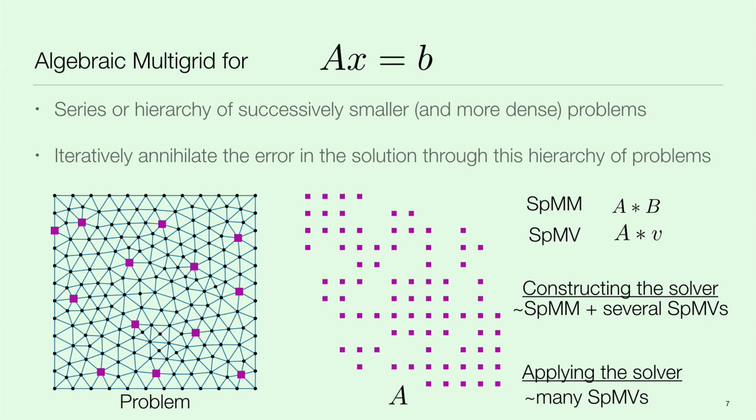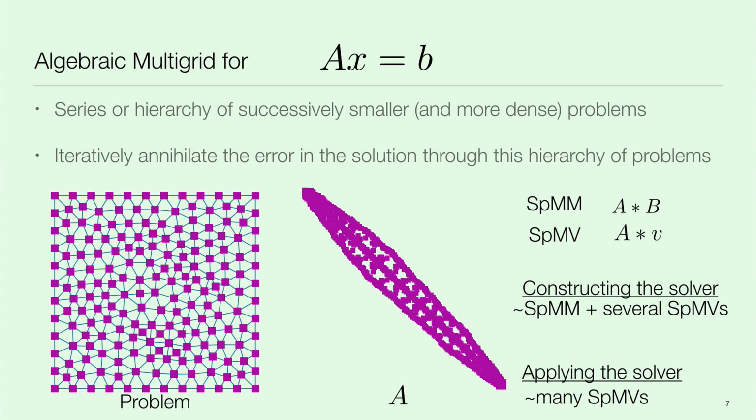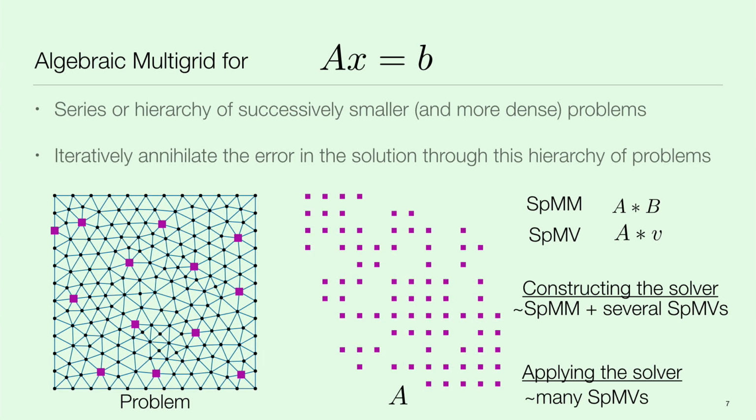In fact, if we go down to another coarser level, we have much fewer points and a much different pattern in our matrix. While on the fine level, the original problem, our sparse matrix looks fairly regular and even almost structured, by the end we have a much different pattern. And this is going to be one of the complicated features of these types of sparse matrix vector multiplies.